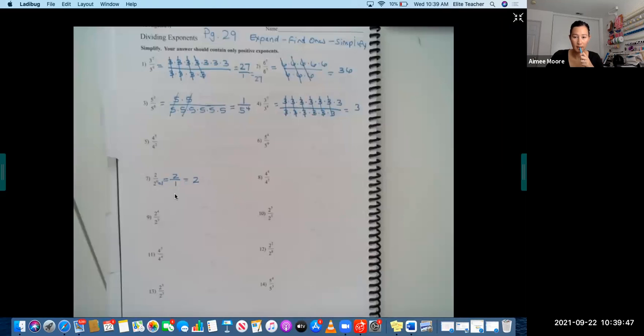Okay, just in case some other people need the second page, if you're still working on the first page, maybe just try to write the problems really quick, and then I'm going to flip to the next page.